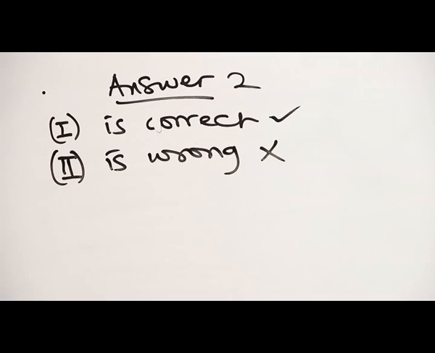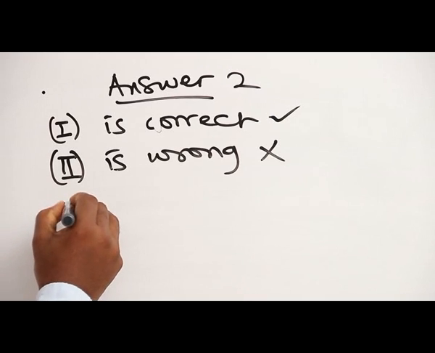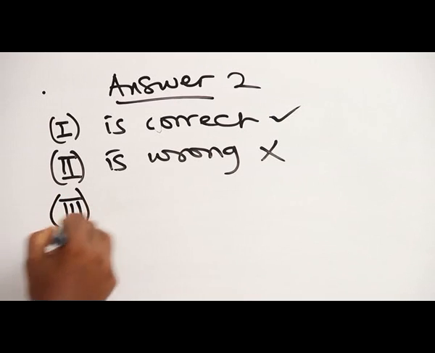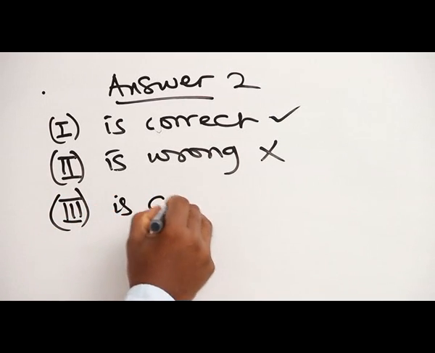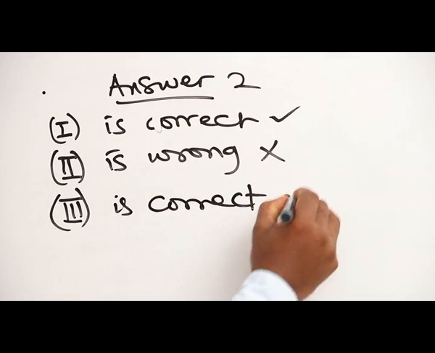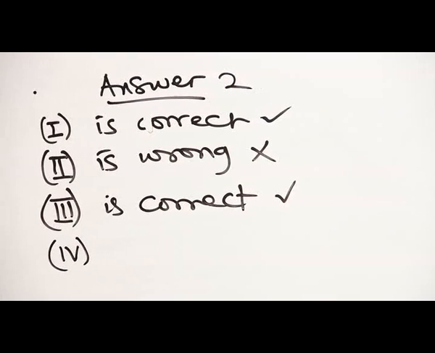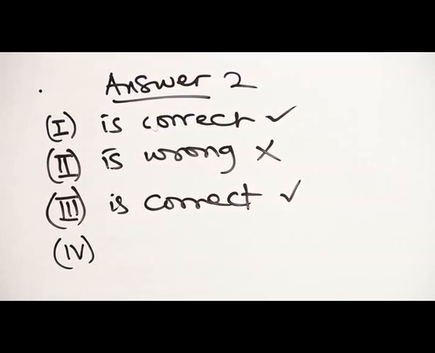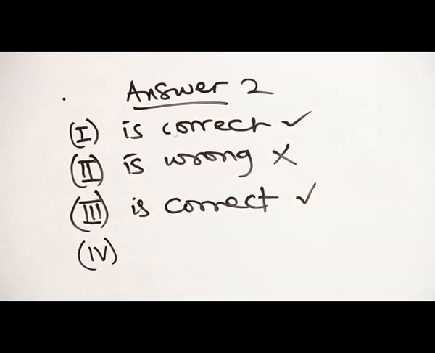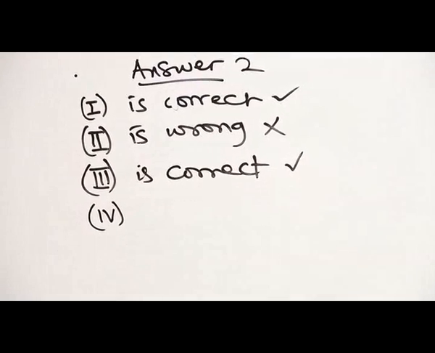Three, pressure at the same level of a liquid is the same. Correct. The third one is equally correct. Pressure is the same at the same level of a liquid. Number 4, pressure is dependent on the cross-sectional area of the barometer tube. The pressure in a liquid does not depend on the area of the container.